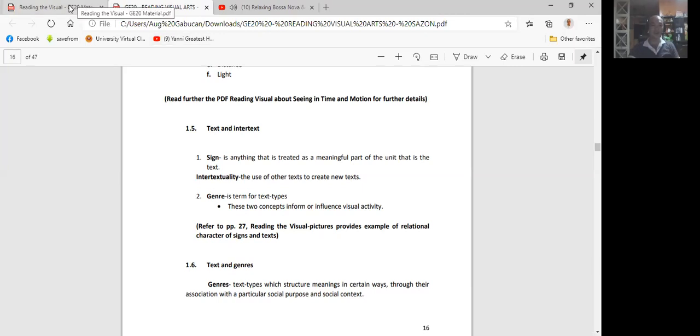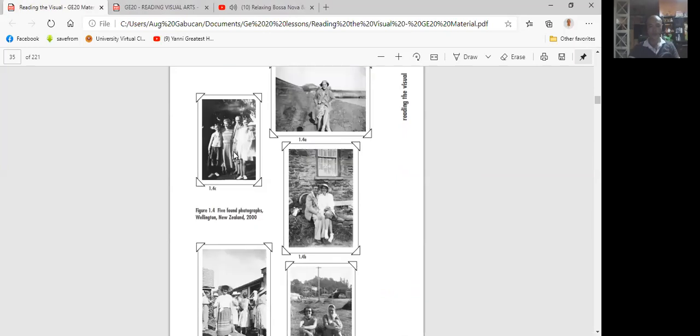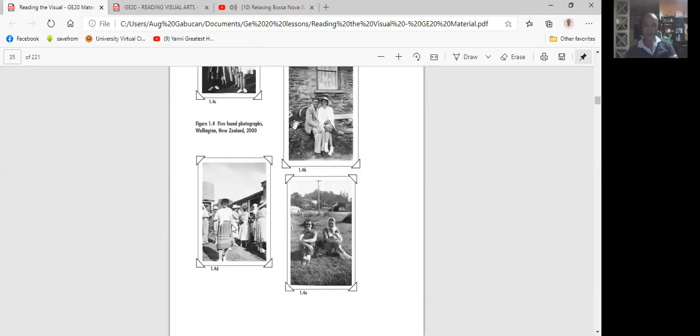Okay, so let's go back. For example, here we see pictures. What do you notice with these pictures? Of course, they are black and white. We see one woman together with other members, then with supposedly a partner. Then we have the dates.